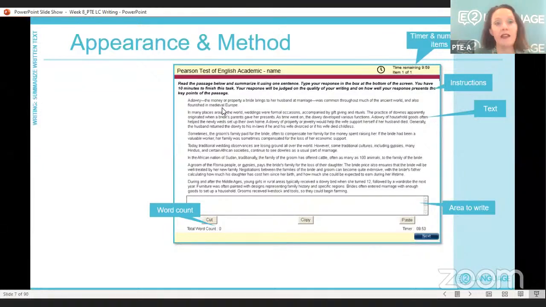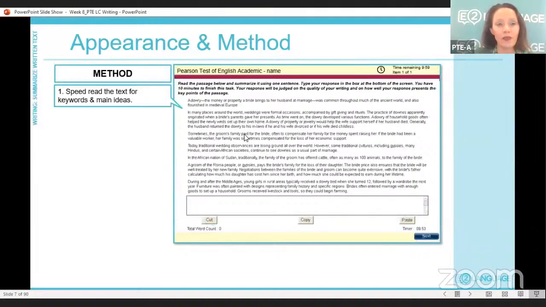And you'll see here that there is a text of up to around 300 words. First of all, have a quick look through to get an idea of what the text is about, to start to focus. And then read carefully. As you're reading, start to pick up main ideas, not too much detail.